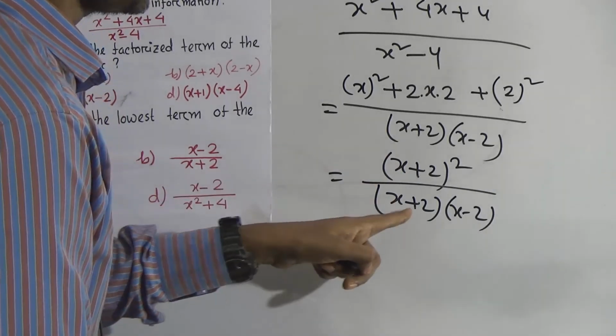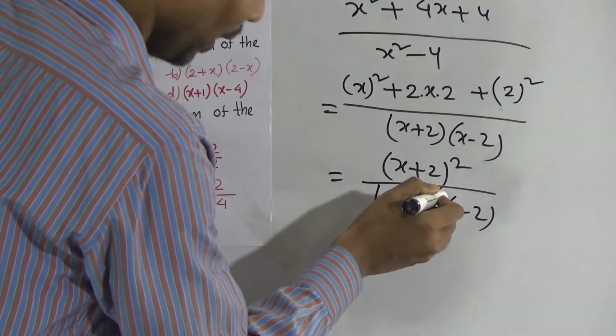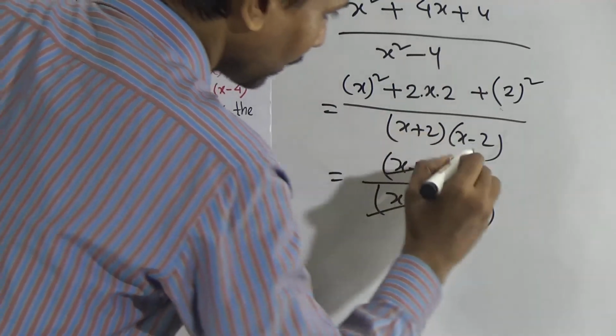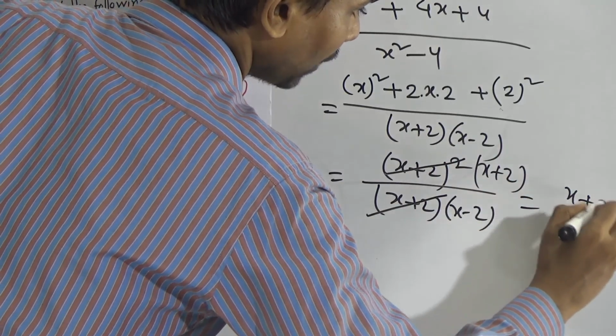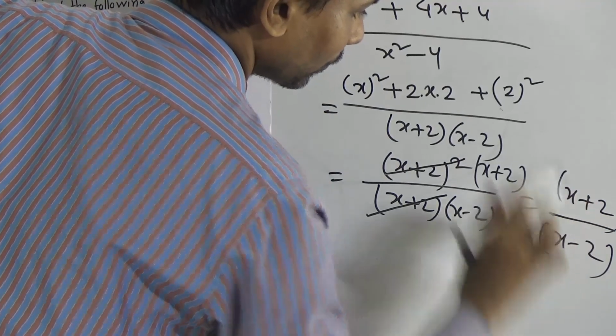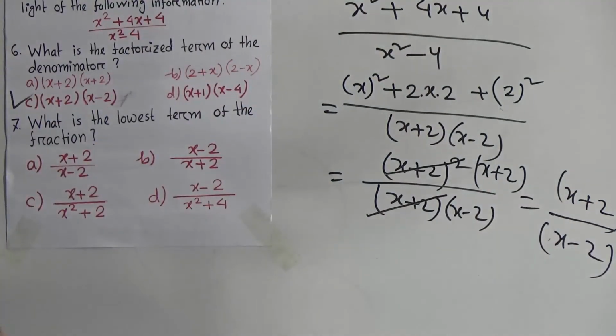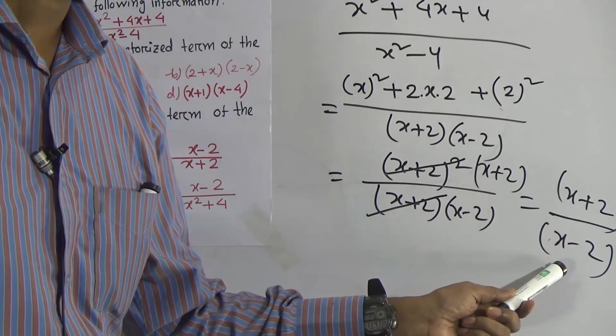Can we reduce now? Here the power of x plus 2 is 1 and here it is 2. So if I reduce this, then we get x plus 2 by x minus 2.